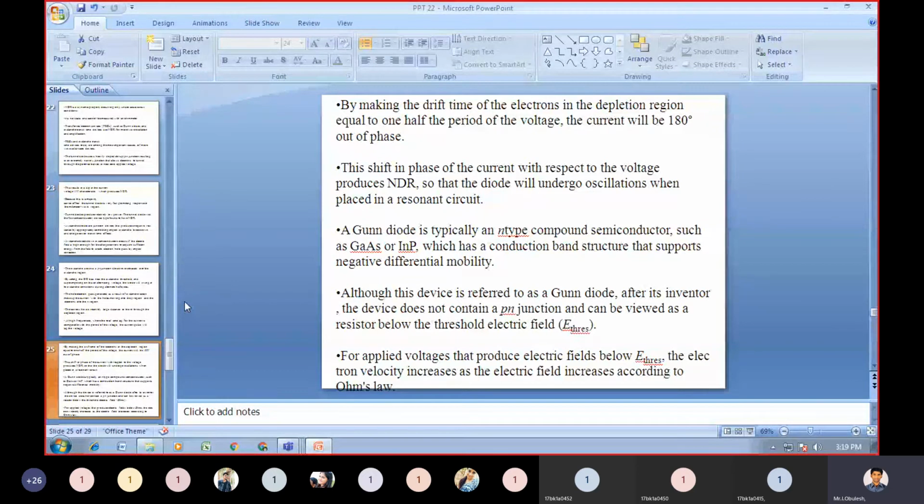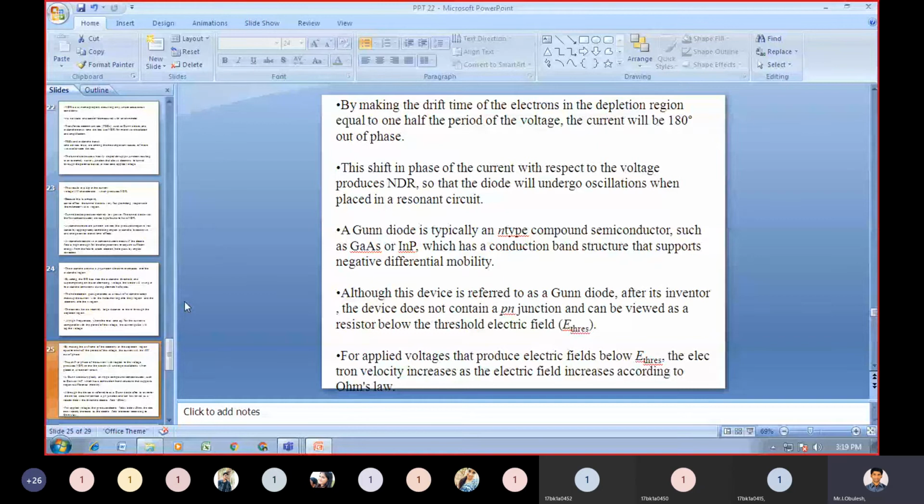A Gunn diode is typically an N-type compound semiconductor, such as gallium arsenide or indium phosphide, which has a conditioned band structure that supports negative differential mobility.